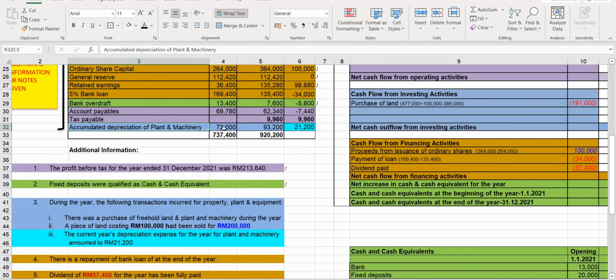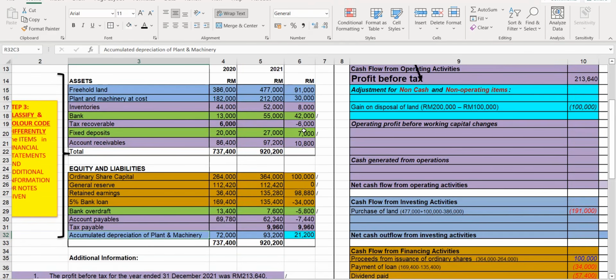However, the change here is because of the depreciation charge during the year. It was 72,000 at the beginning of the year, and now it is 93,200, a difference of 21,200. That was depreciation because there was no disposal of plant and machinery during the year. There was just a purchase of plant and machinery.